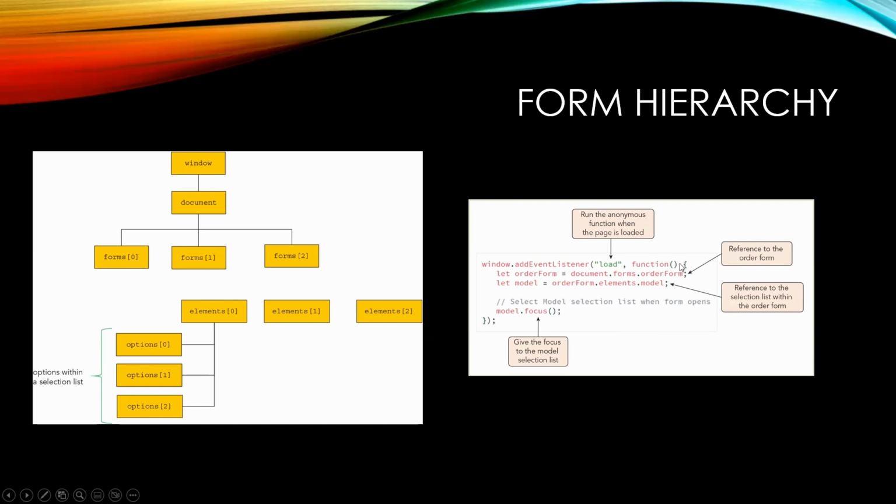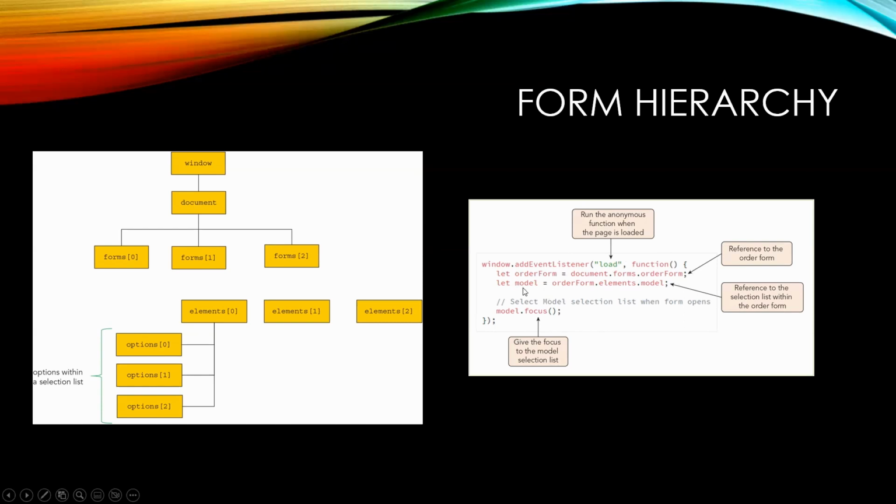Basically, instead of using a function name, they use the word function, and then they define their function within these curly brackets that start here at the top and end here at the bottom. This function is going to reference the order form and reference the model. So let orderForm, which is defining our variable, be document.forms.orderForm.